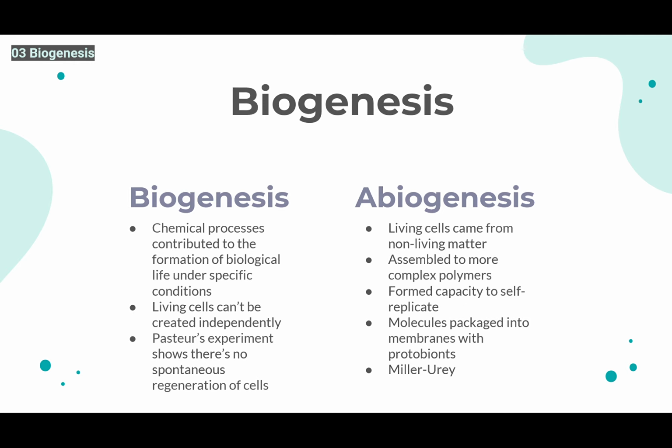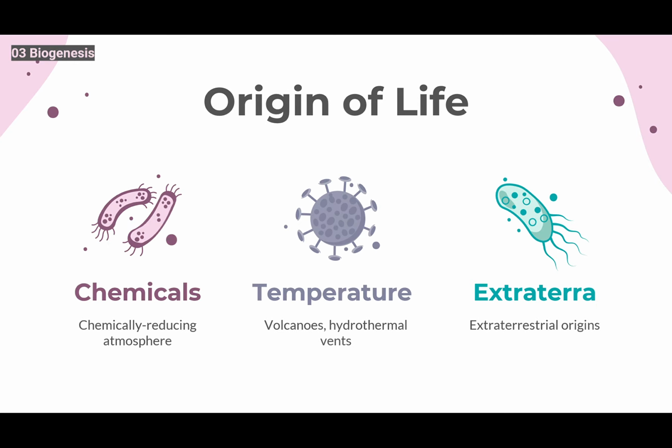And continuing on, there's also the theory of the origin of life for the abiogenesis theory. So we have the initial formation of so-called protocells, the cells that were before the actual cells, through a specific chemical environment that most likely existed on early Earth, that had a chemically reducing atmosphere that produced organic compounds or monomers that were then made into polymers when exposed to energy.